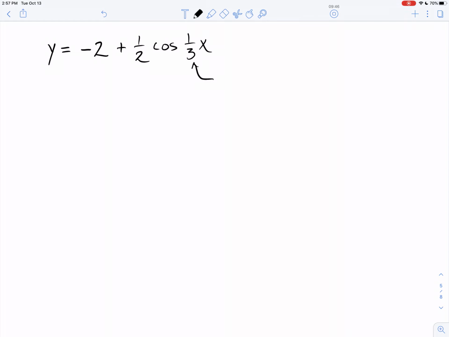This one is going to adjust the period. Its name is B. That's called the B value. Which one of these numbers is my amplitude? My amplitude would be 1/2. And then, of course, this one is my vertical shift.